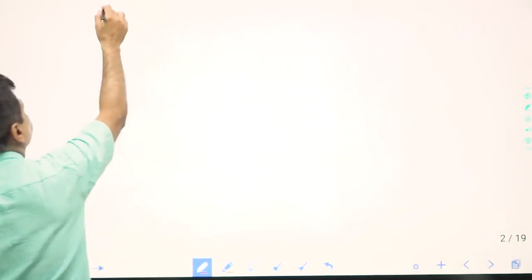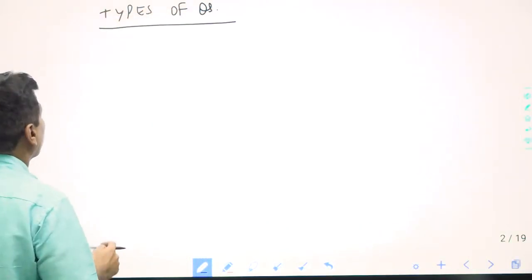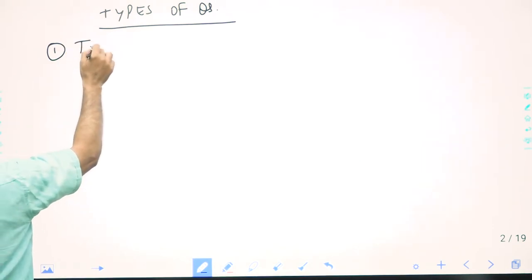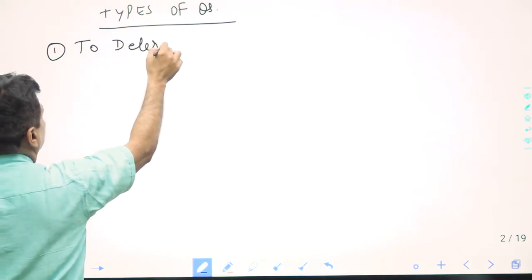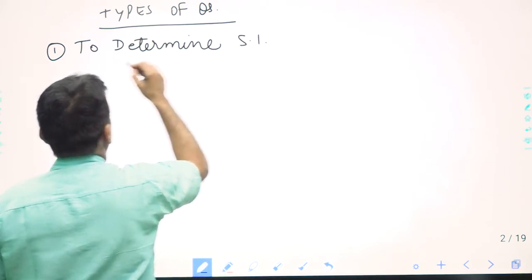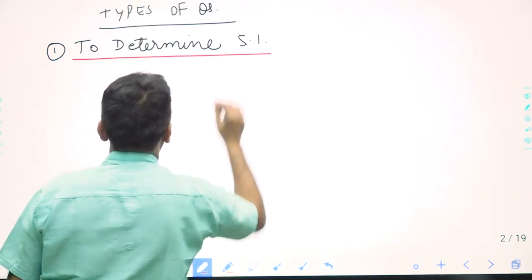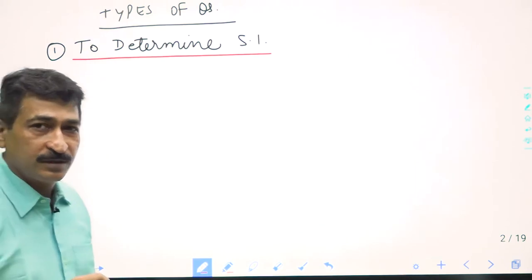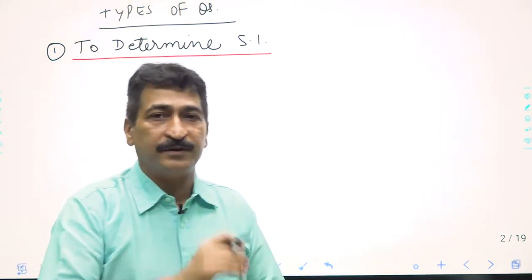Types of questions. The first type is to determine SI. How to calculate simple interest, SI.